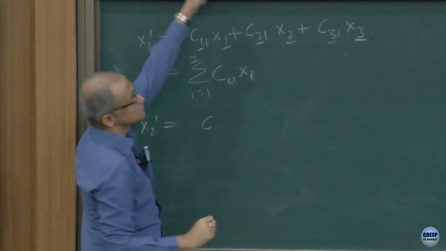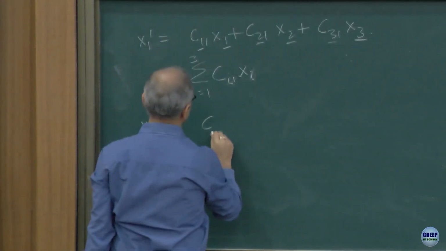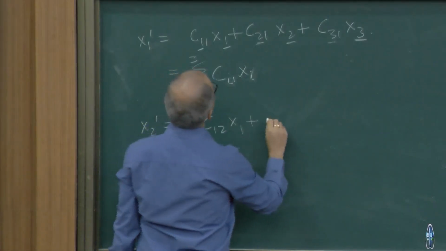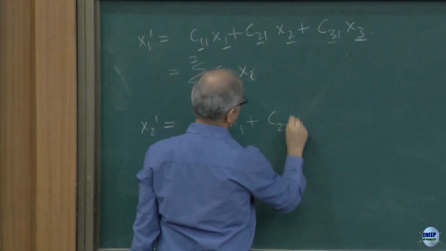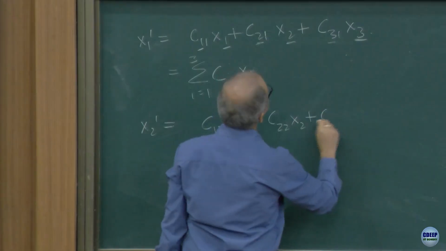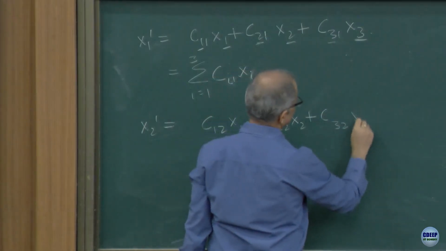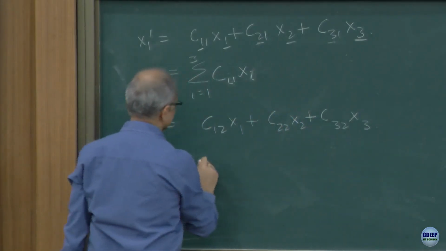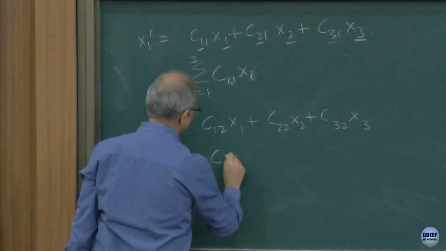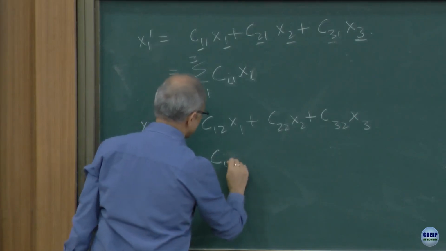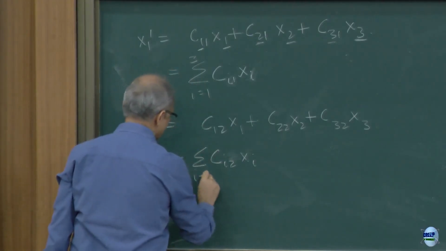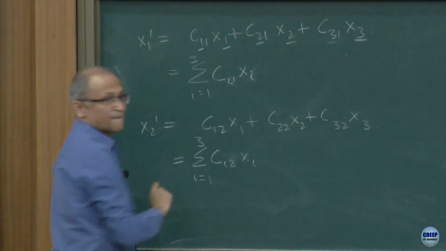Let us just write it out: C12 X1 plus C22 X2 plus C32 X3. So how will I write this equation? It is again Ci2 Xi, i going from 1 to 3.